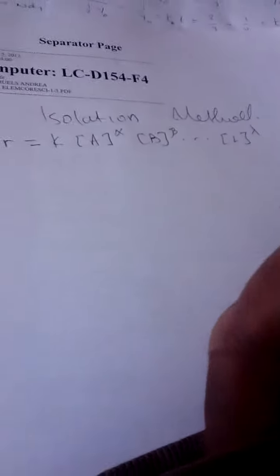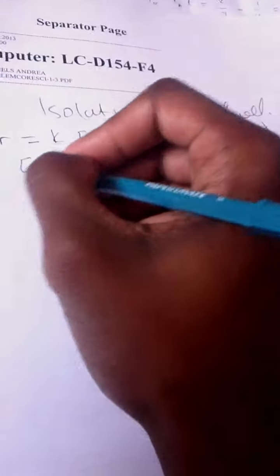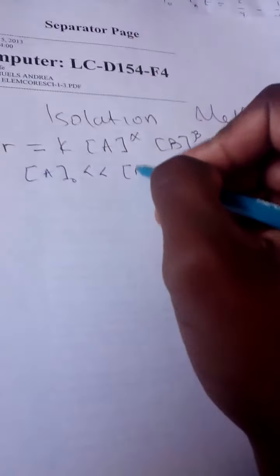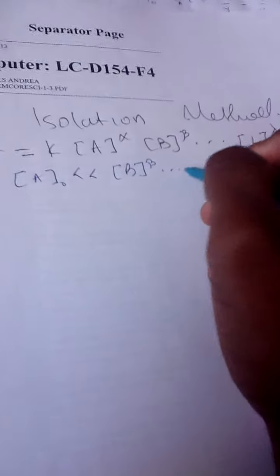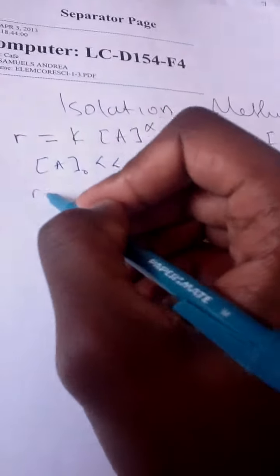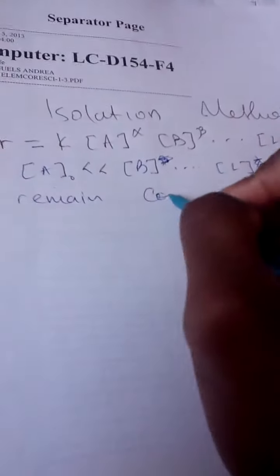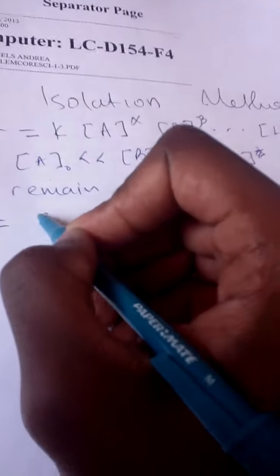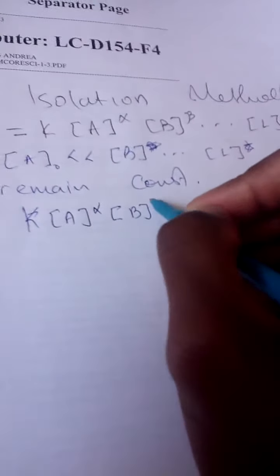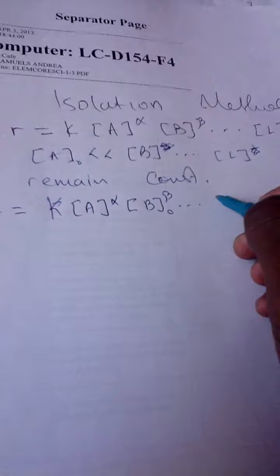The point of this method is to make the initial concentration of A much less than the concentration of B and of every other reactant. If the other concentrations are large, they remain essentially constant, and the rate becomes k B0^beta and so on times A^alpha, which we can call J A^alpha.